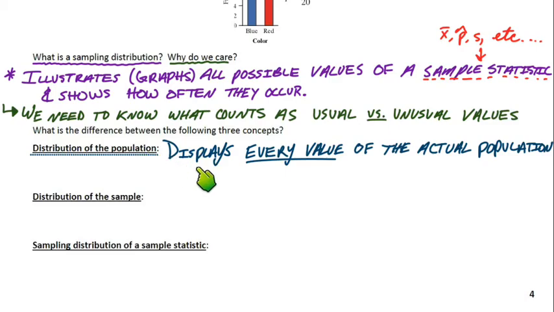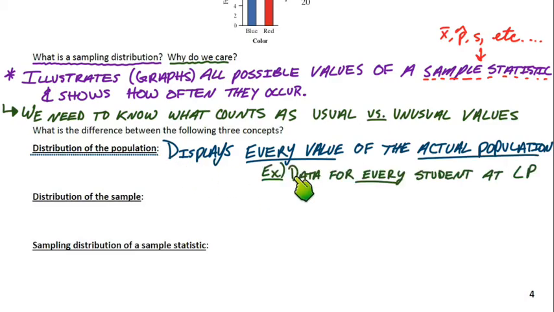But you can imagine if we did. So for example, if we had data for every student at LP, right? So if we had data on every student, we wouldn't have to do a random sample or a random survey of LP students because we would already know the data about every single one. So the entire population, that's the distribution.